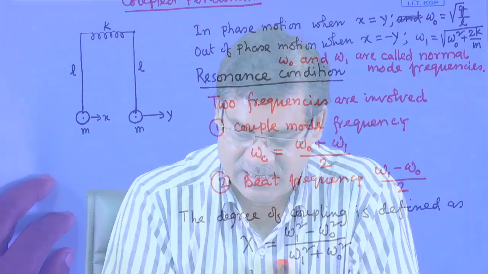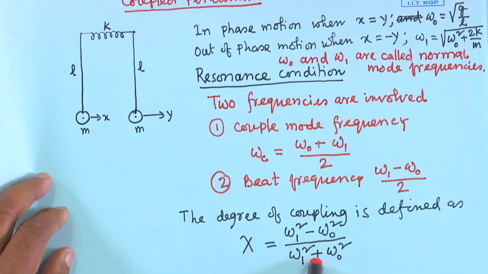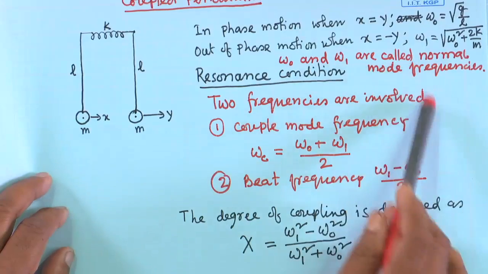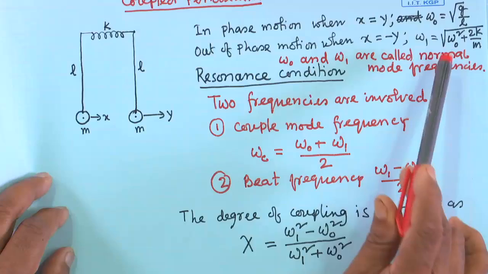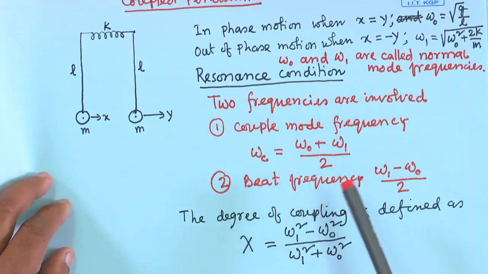If you measure omega 0 and omega 1, the degree of coupling is defined as chi equal to omega 1 square minus omega 0 square divided by omega 1 square plus omega 0 square. From the experiment we get omega 0 and omega 1, because we only have to measure the time period.